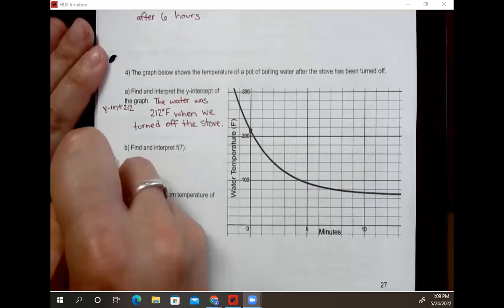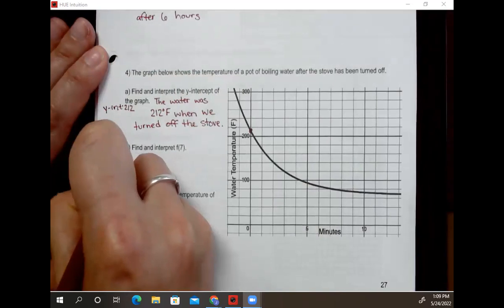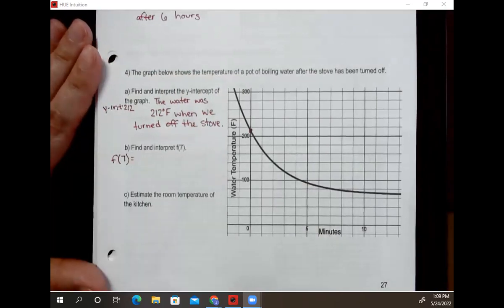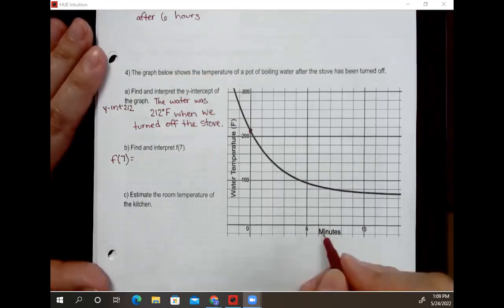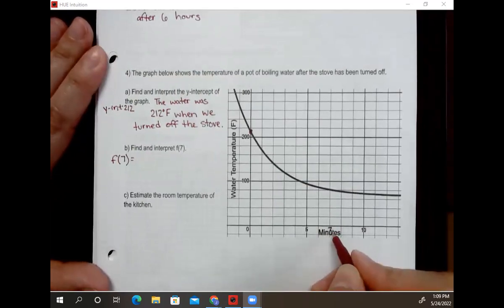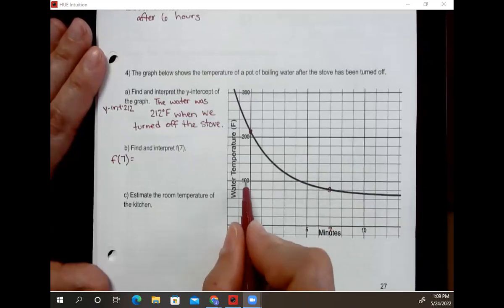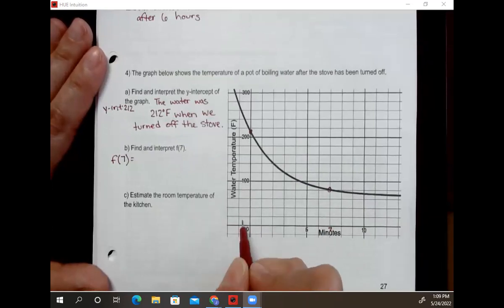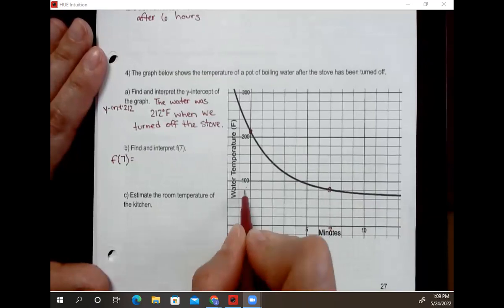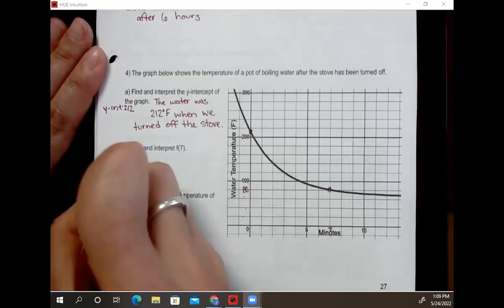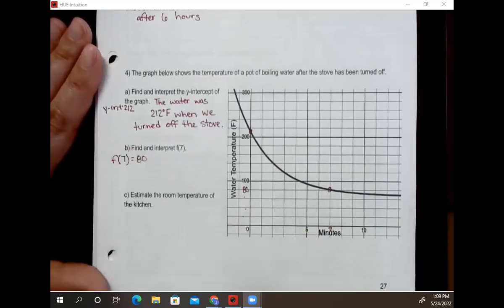And now we've got some more function notation here. F of 7. What's F of 7? Yeah, I'm going to go to where I've got 7 on the X and follow that to the graph. If this is 100, our scale would have to be like 20, 40, 60, 80. So F of 7 is 80 here.